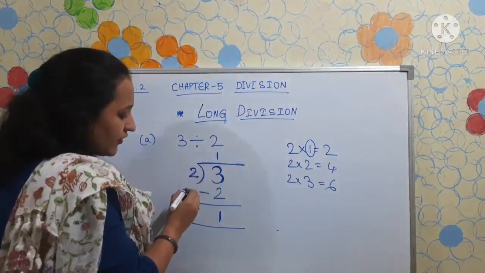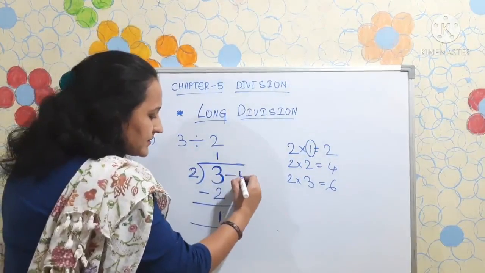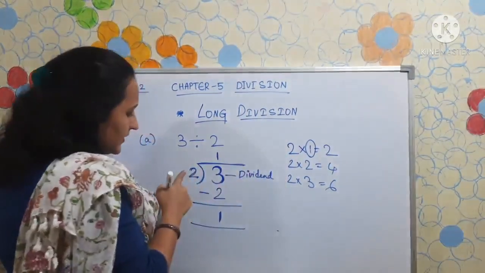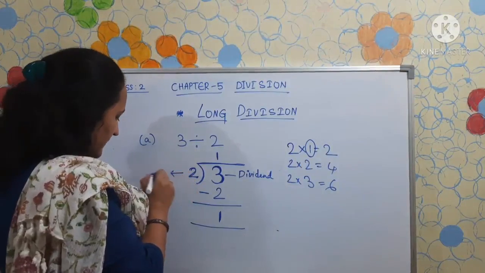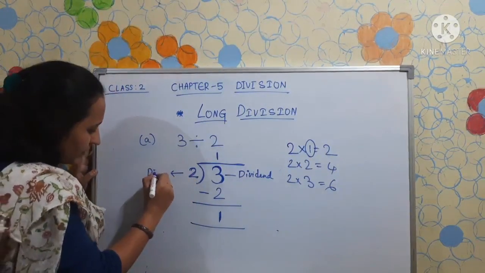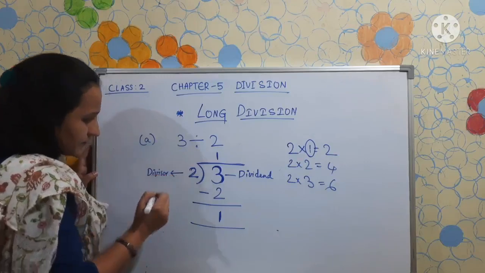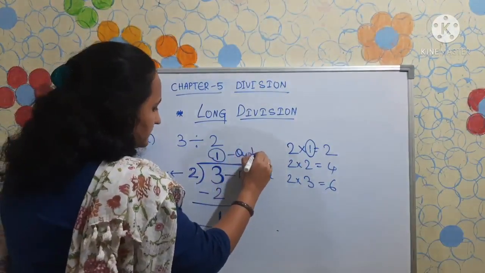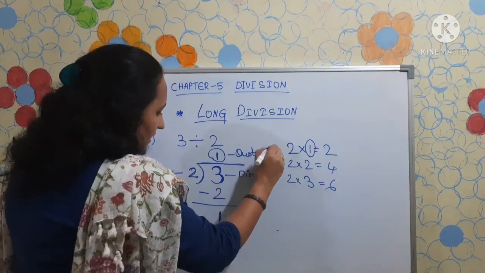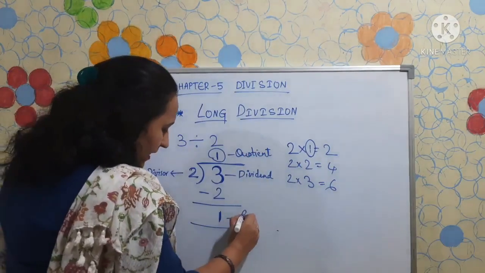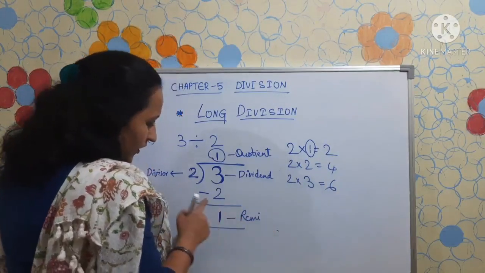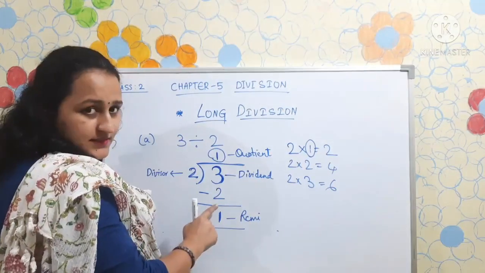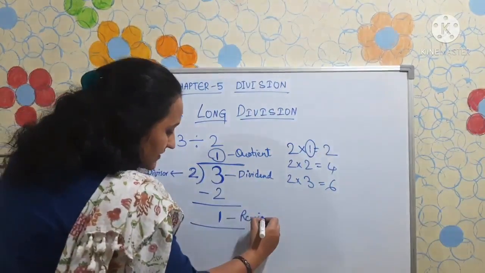So we call this 3 the dividend, this 2 the divisor, this 1 the quotient, and this 1 the remainder. After subtracting 2 from the dividend, we get the number 1. We call this the remainder.